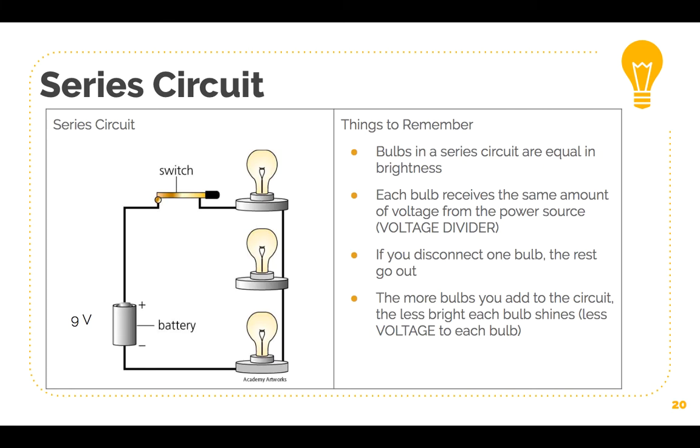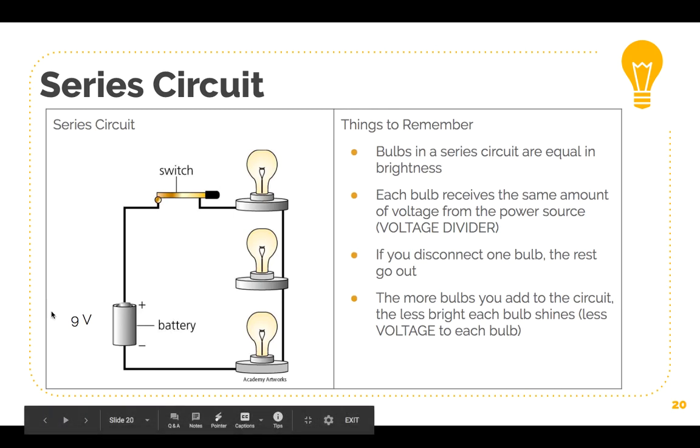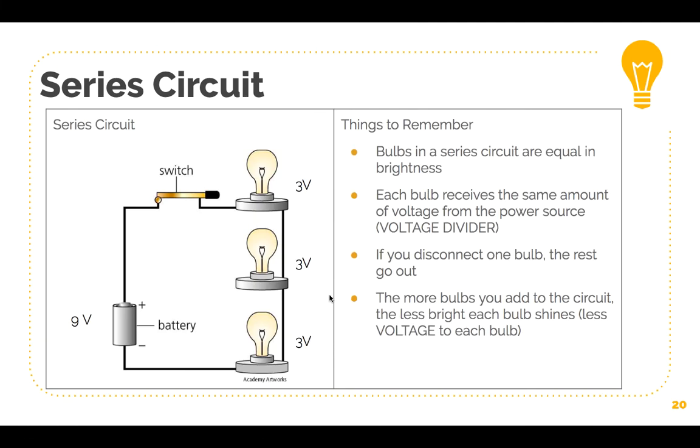So if we needed to calculate how much voltage was going to each of these bulbs here, we would just divide the total voltage from the power source by the number of loads in the circuit, and each bulb would get 3 volts from the battery here, because it's a voltage divider, so it's divided equally amongst the circuit.